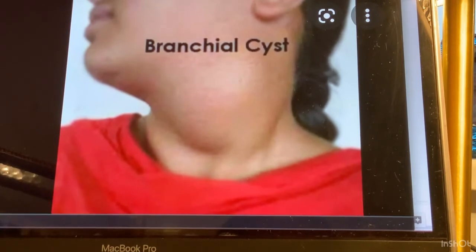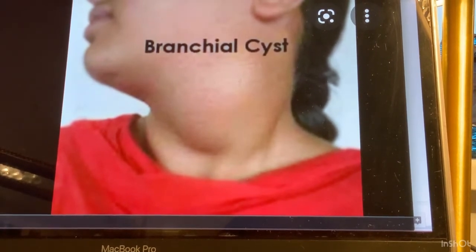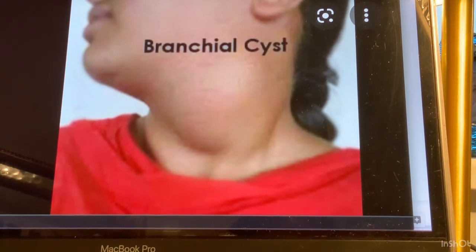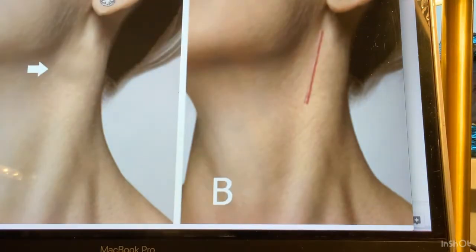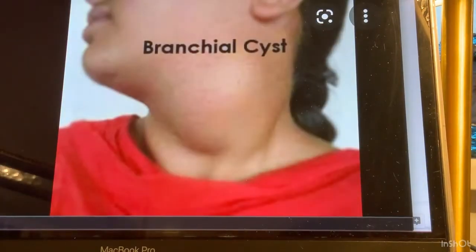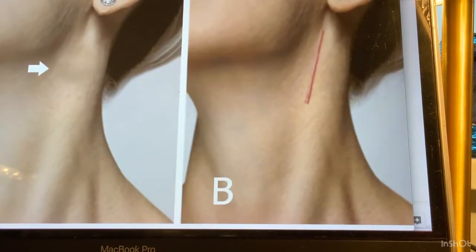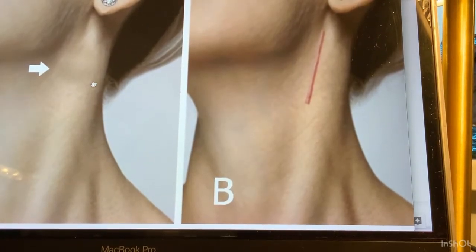Okay, established that's a branchial cyst. Now I'm going to show you a lateral neck mass in the posterior neck compartment, posterior triangle. No, sorry, this is still the anterior.